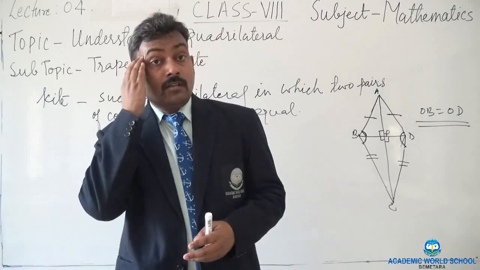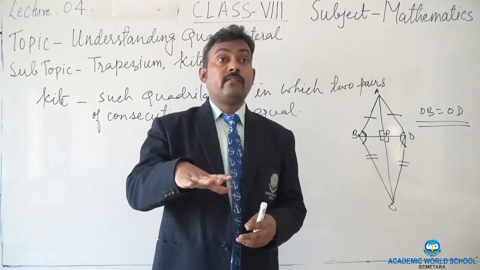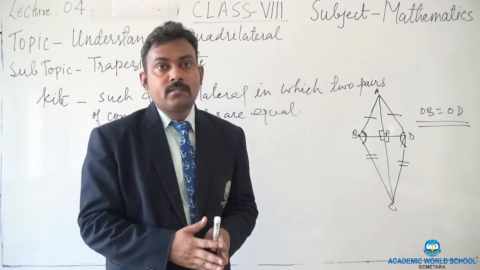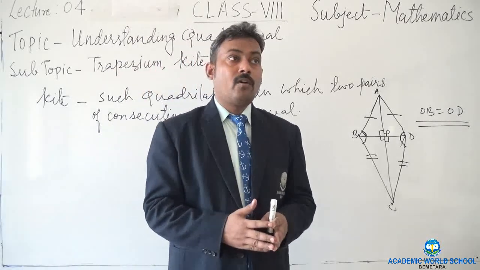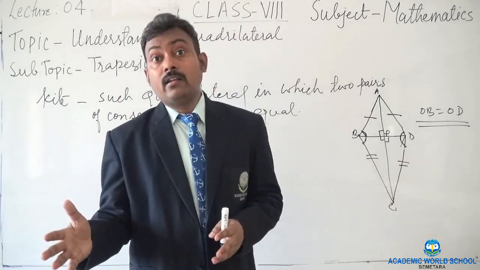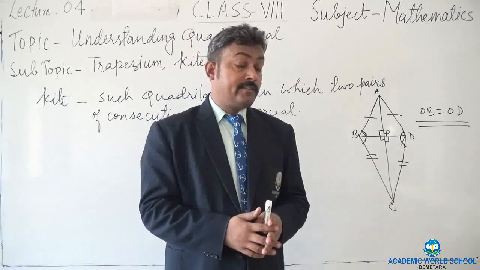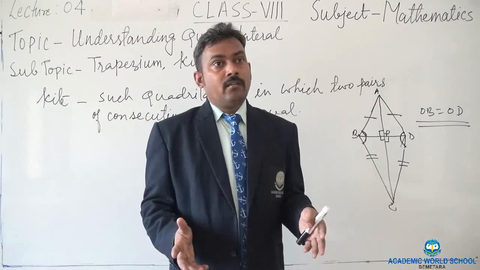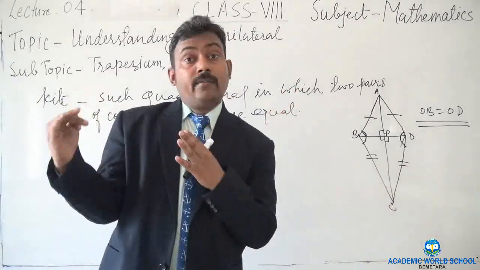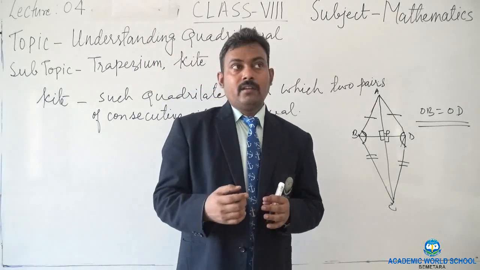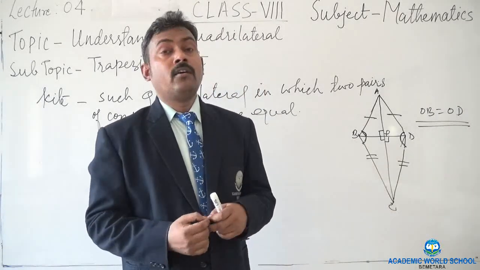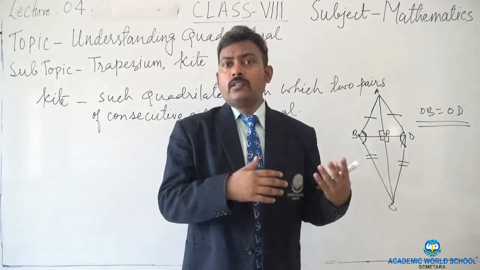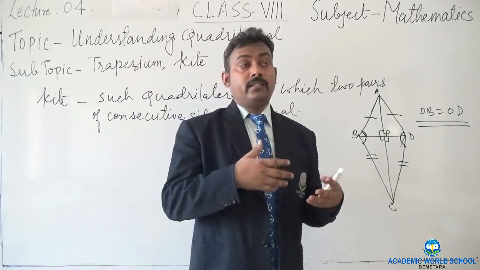Can we say that all squares are rhombus? Yes, obviously. Because if you see the definition of rhombus, it's only that all the sides should be equal. In a square also all the sides are equal, apart from that each angle is 90 degrees.